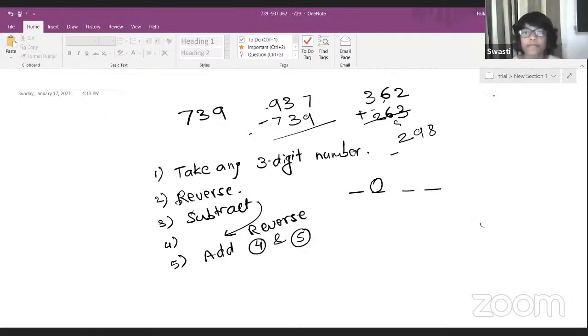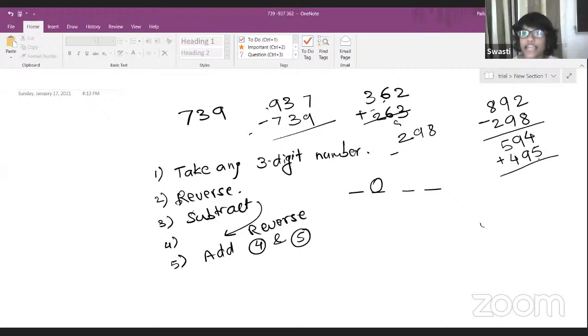Okay. So 892 minus 298 is 594. And then when you reverse, you get 495.